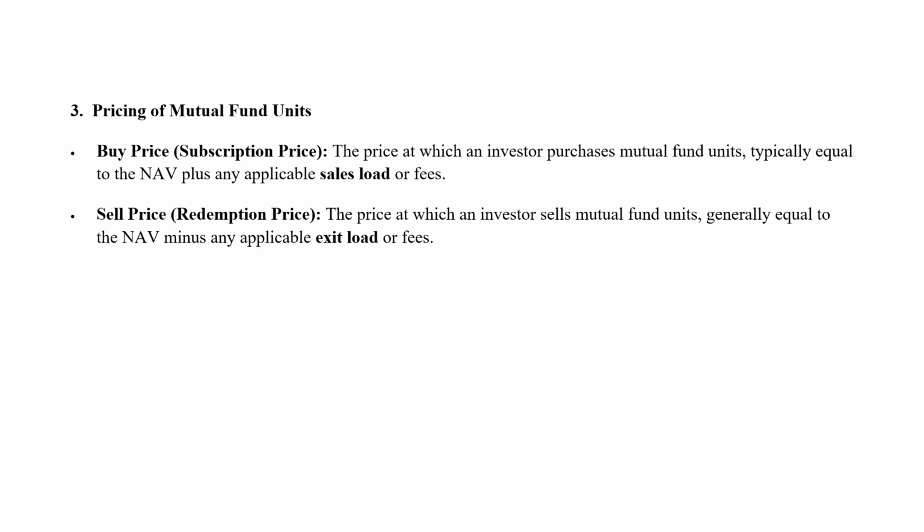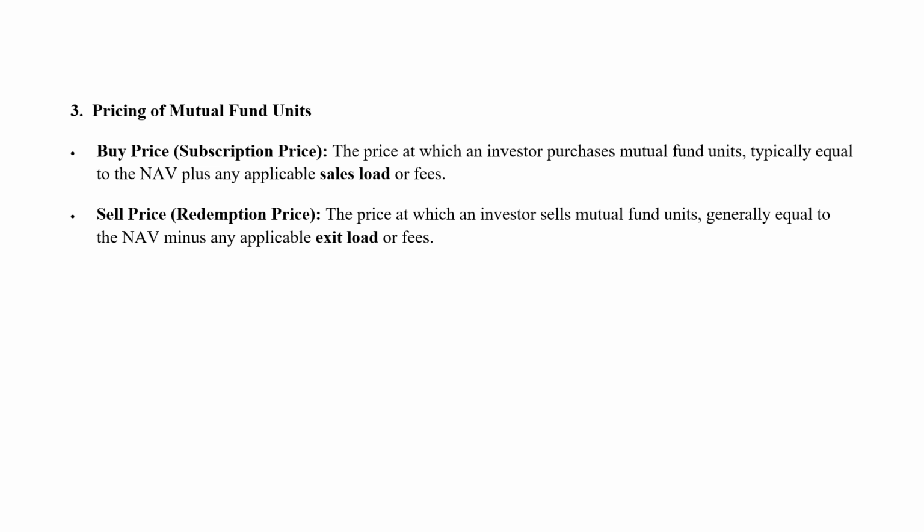So for pricing of mutual funds, the buying price is based on the subscription price, which has the NAV, again asset minus liability divided by outstanding shares, plus the sales load. After adding that, you can buy, or the selling price after subtracting any exit load, if any.